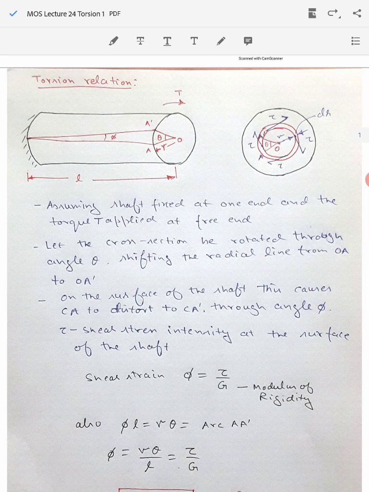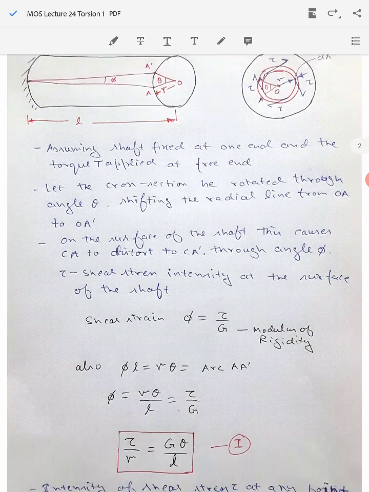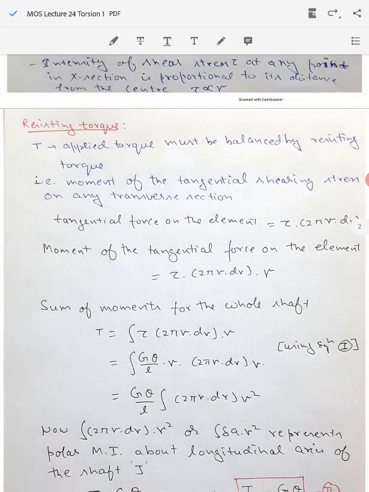And if we want to find the moment because of this force, we multiply it with r. So tau into 2 pi r into dr is the force, and that multiplied by r is going to give us the moment.